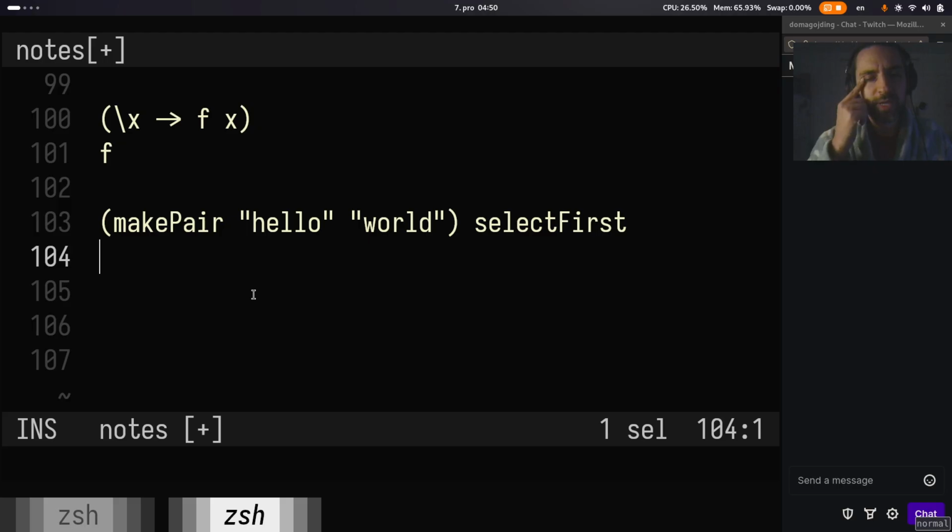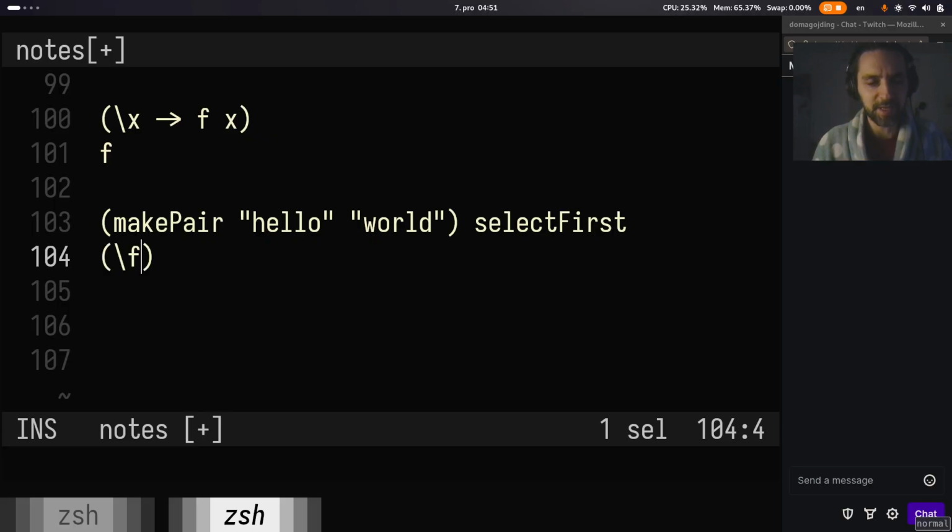So what do we do actually? Do we substitute the function definition for the function name? Yes, actually we do. But where? Make pair or select first? Make pair, right? What's make pair?